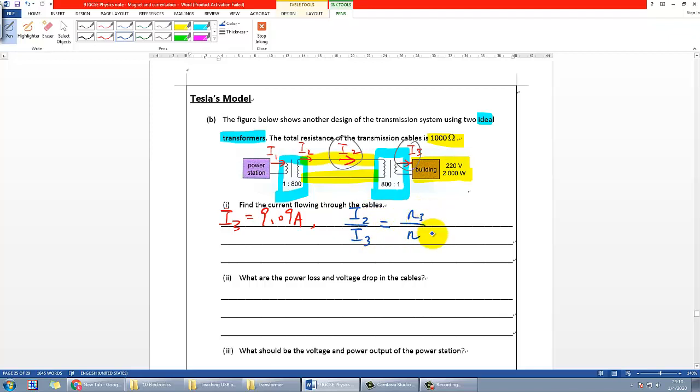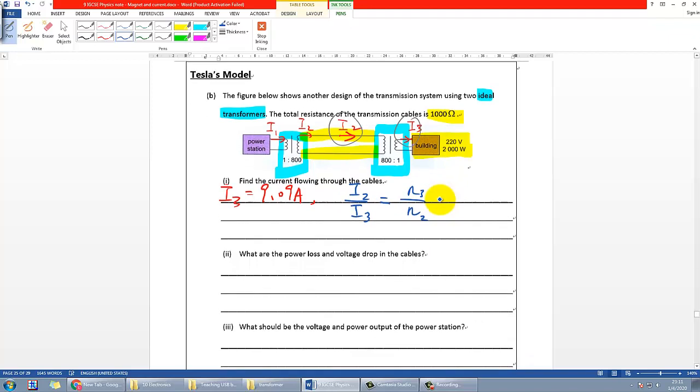It has to be the opposite one. Again, if you don't know why it's the opposite ratio, go back to the previous video where I explained that. Okay, since we already know the number of turns is 800 to 1 here, we can substitute. This side is 1, this side is 800, and I2 is the one that we want to find. I3 is 9.09.